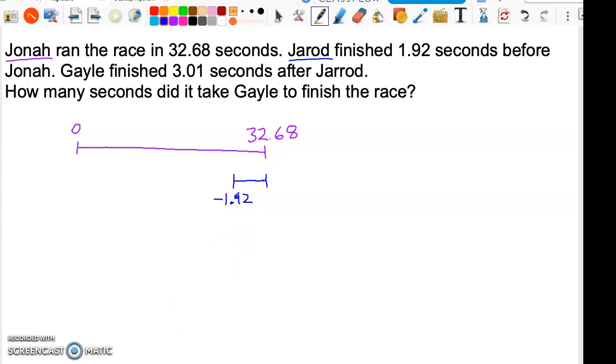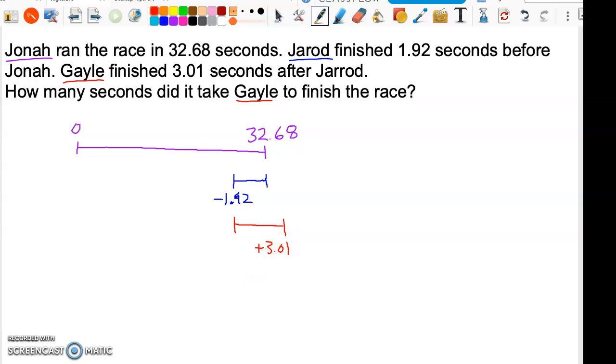And then it says that Gail finished 3.01 seconds after Jared. So 3.01 seconds after Jared, Gail's going to be red. So Jared finished right here. So Gail was 3.01 seconds after that. Plus 3.01.